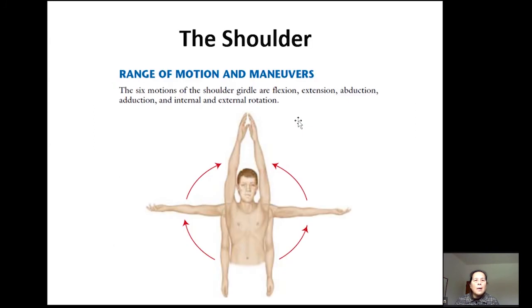Then we're talking about our shoulder joints. The shoulder joint is the most movable joint. Basically, we can move it about 360 degrees. Like the picture shows, we can move it any way.